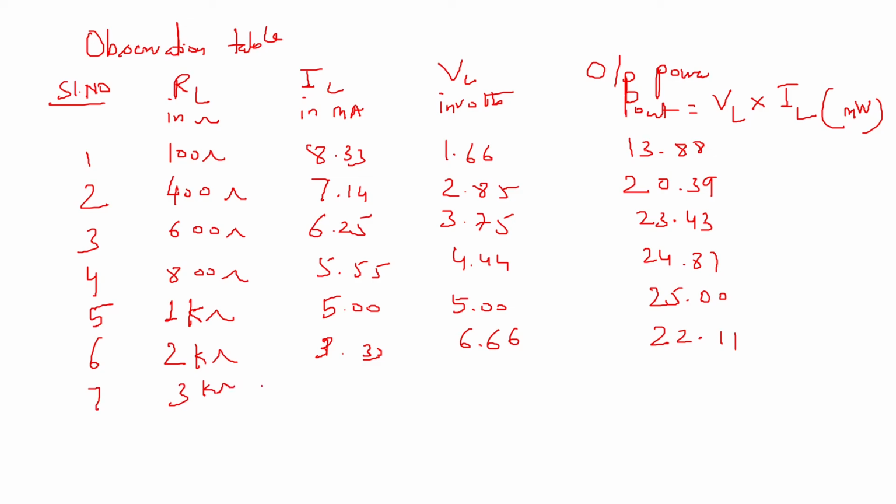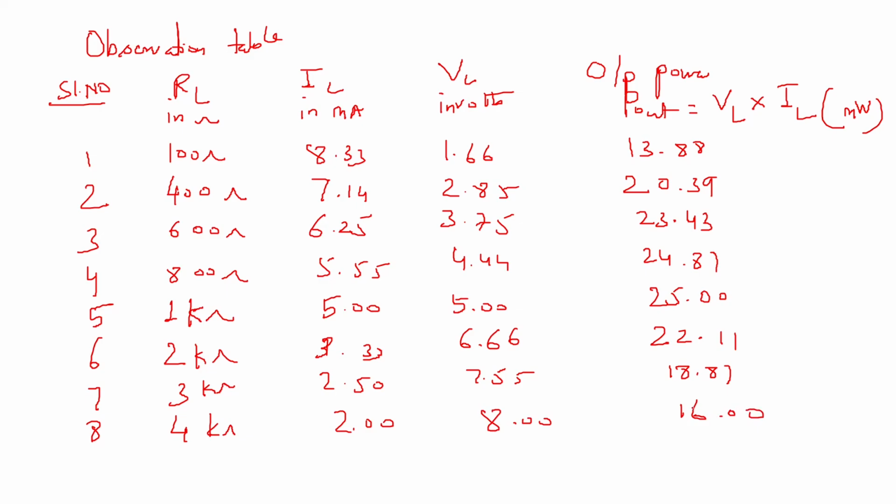In that we can see that the load current is 2.50, the voltage is 7.55, and the power is 18.87. Then we can go to the last reading, the eighth one, for 4 kilo ohms, and for that the load current will be 2.00, the load voltage will be 8.00, and the power will be 16.00.